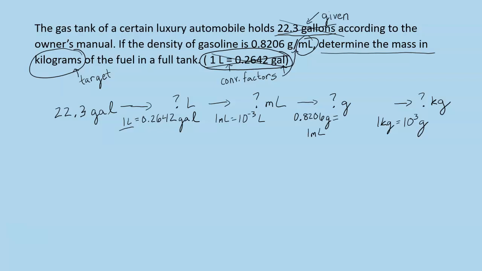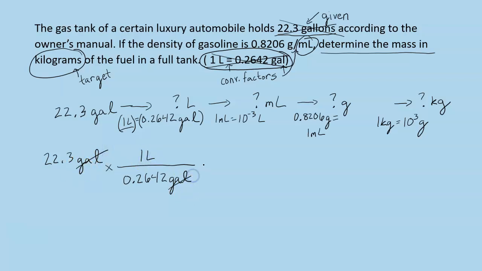Okay, so let's set this up. Starting with the given information, we've got 22.3 gallons multiplied by that first conversion factor. Find the given units in the conversion factor and place that underneath the fraction. So 0.2642 gallons. And that forces the other part of the conversion factor, 1 liter, to go on top.